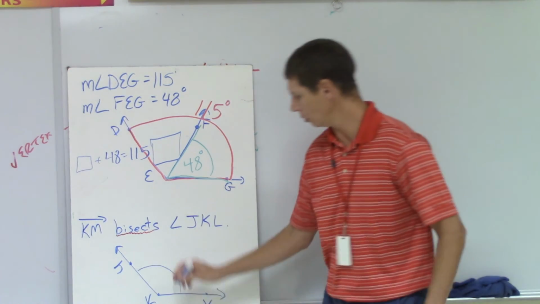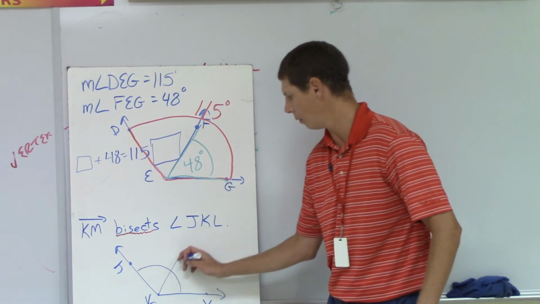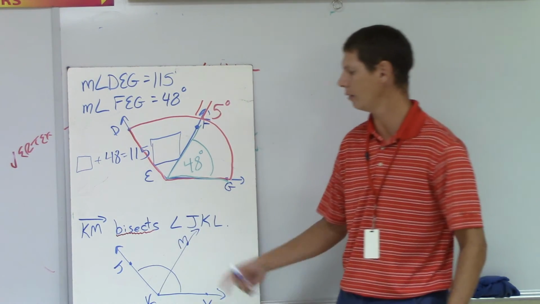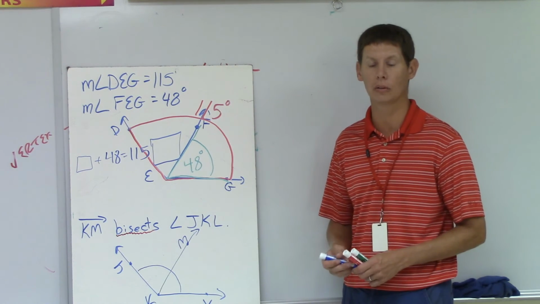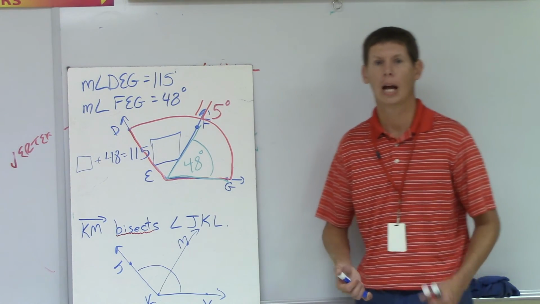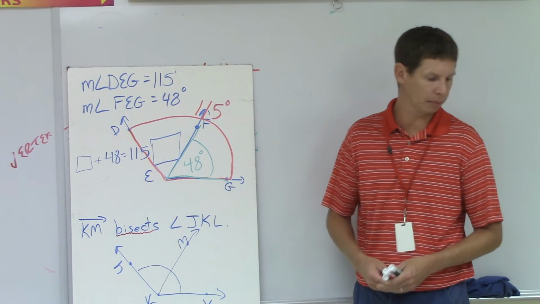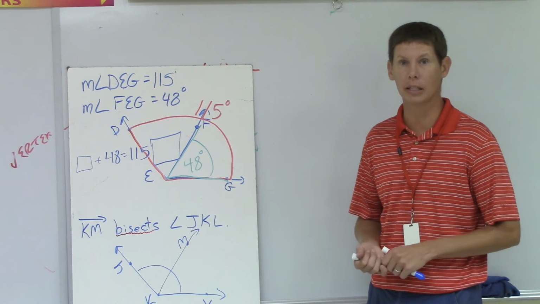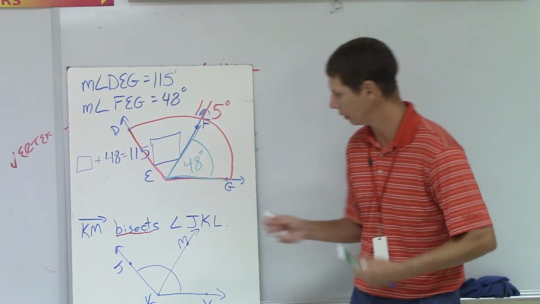So where KM goes, we have the K, don't reinvent K. What we're going to do is just kind of draw that in, and now we have KM, and we've created two smaller but equal angles, congruent angles. Now we can go on with the problem and fill everything else in. So when they tell us now that JKM is 4x plus 6, we can pop that in there.